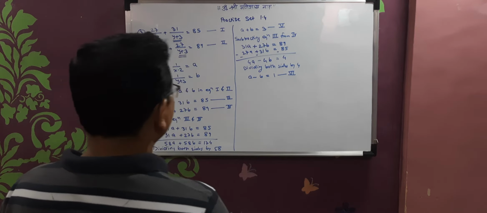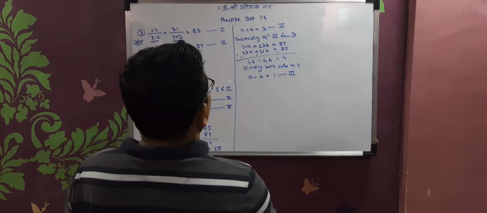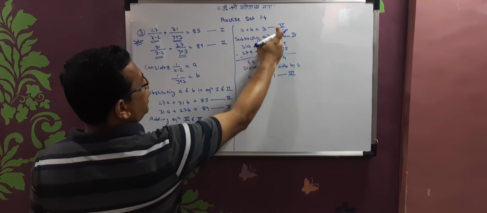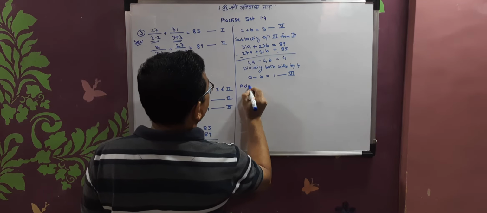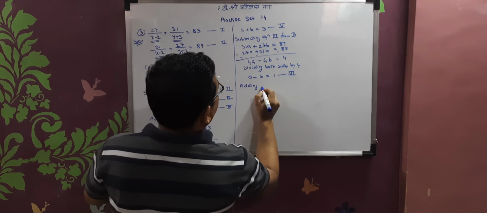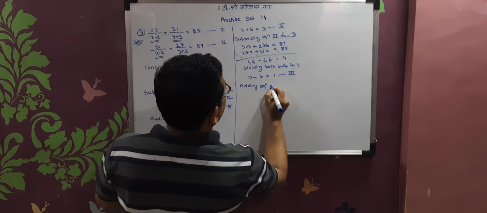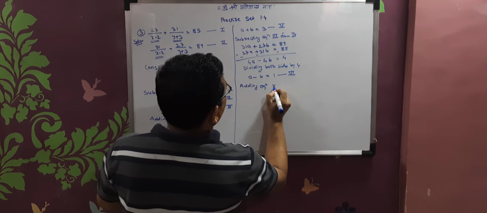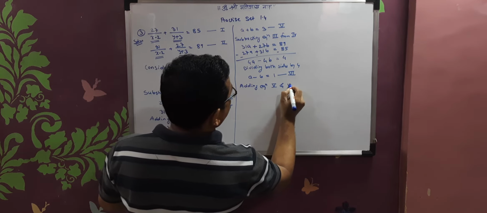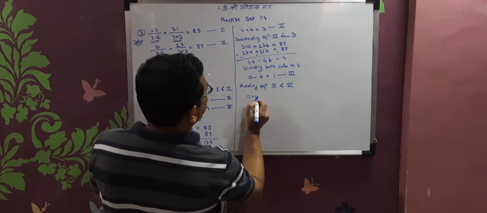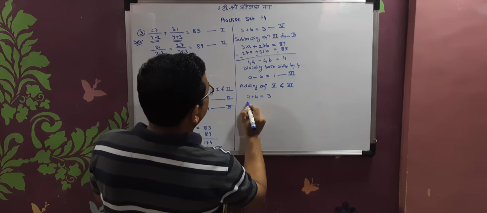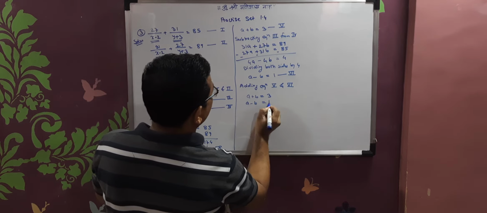Now we will add equation number 5 and equation 6. Here a plus b is equal to 3 and a minus b is equal to 1.